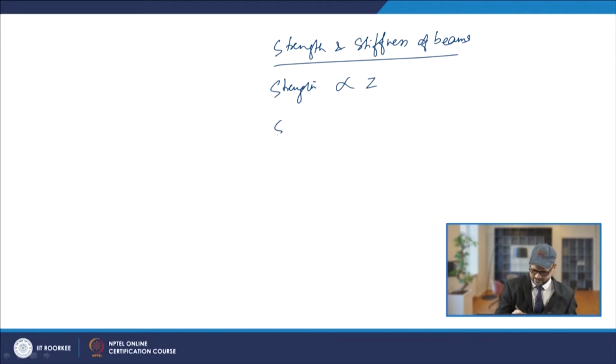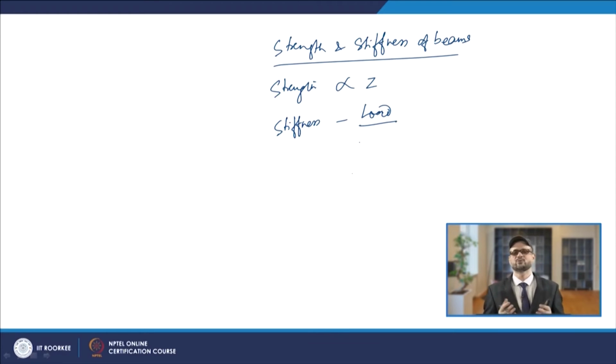Stiffness is basically load by elongation, that is your rigidity, which is represented by the Young's modulus, so it will be proportional to EI.